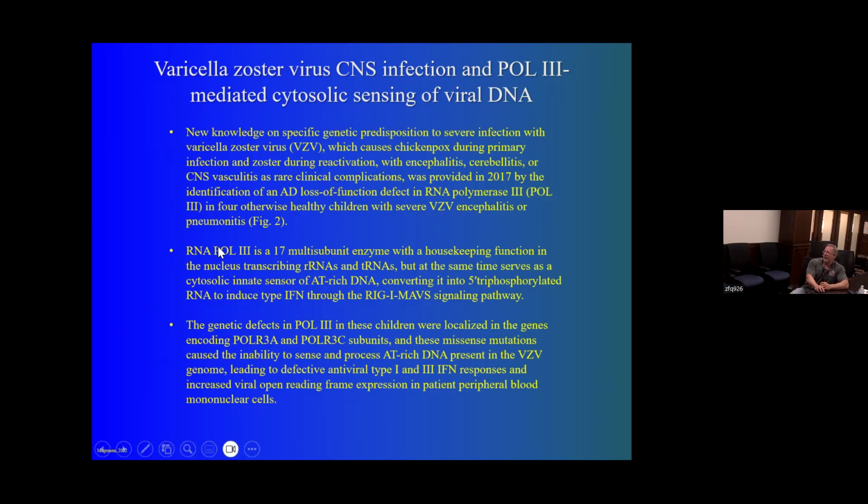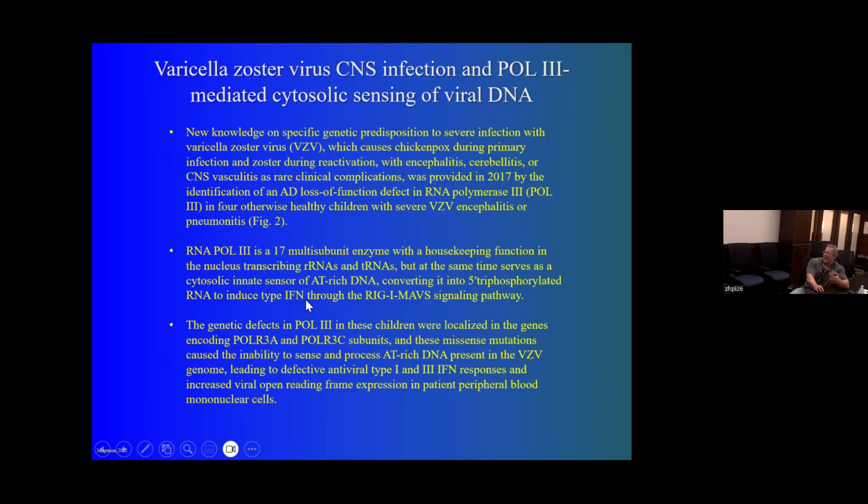But essentially, we have RNA molecules that are used to help produce proteins, but they also serve a secondary role, which is they are there to be sensors for these AT-rich DNA fragments coming in, which may be from a virus. And when this AT-rich DNA segment is detected, there's a signaling pathway that's activated to produce interferon.